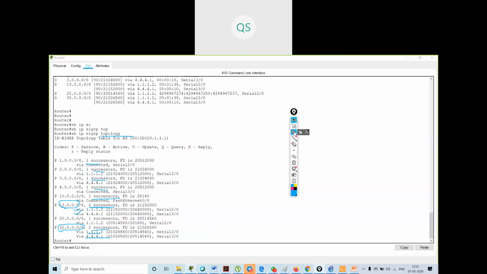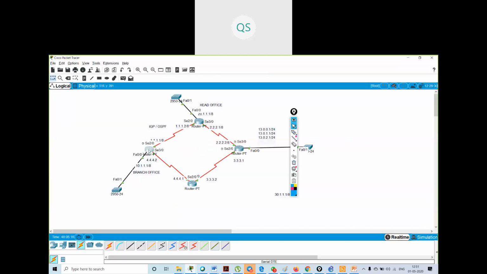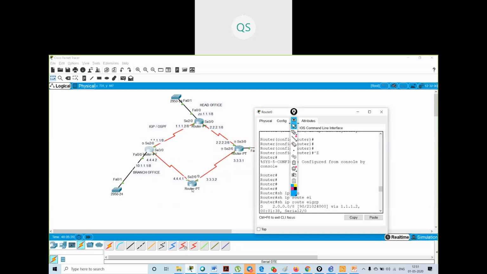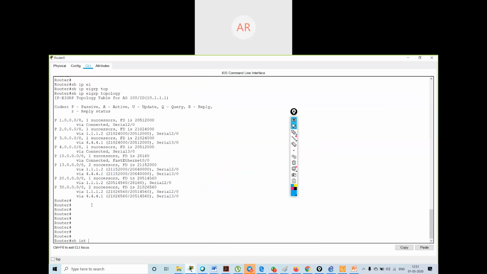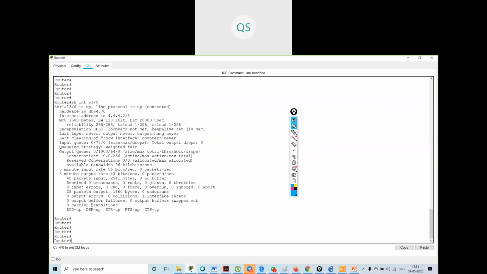Now what I will do, on this router only, I will change the bandwidth. Check show interface serial 3/0: 128 Kbps.